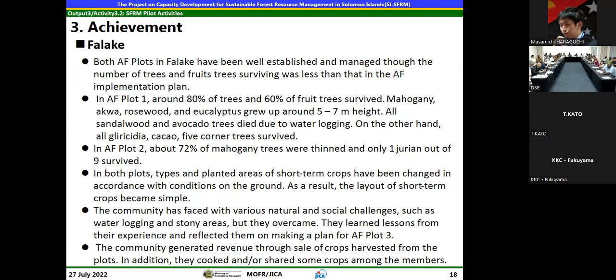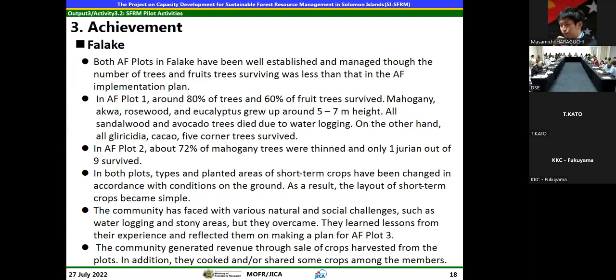As I have mentioned, there have been seasons of crops planted and rotation. There have been changes, as you can see from the layout as well. There have been natural and social challenges faced, such as waterlogging. The site is waterlogged and stony, but they managed to grow crops and have earned income out of their agroforestry plots.